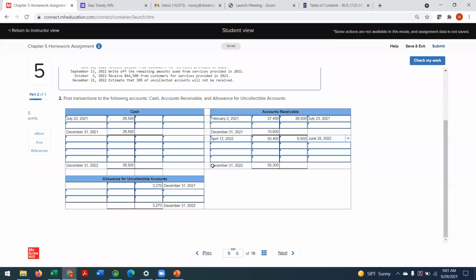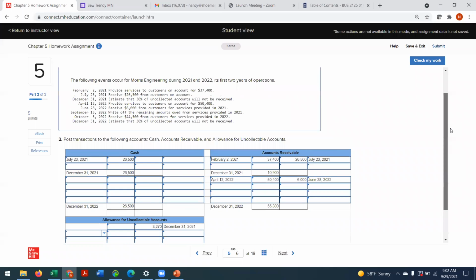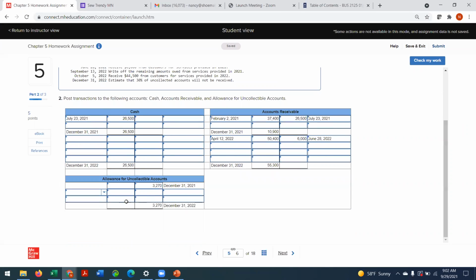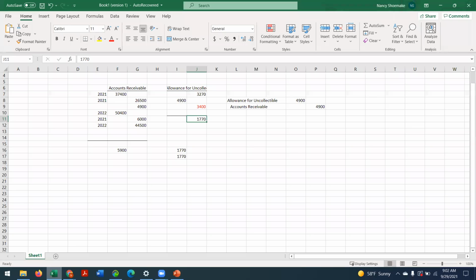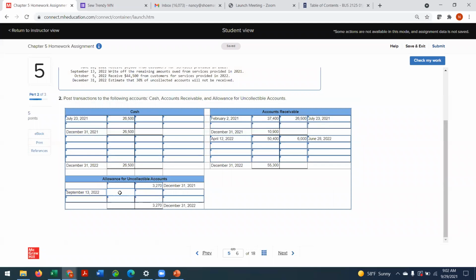So what we'll do is we will debit, let me make sure, on September 13th, we are going to write off, shoot, I just forgot what I said, 4,900. We're going to write off our 4,900 on September 13th.